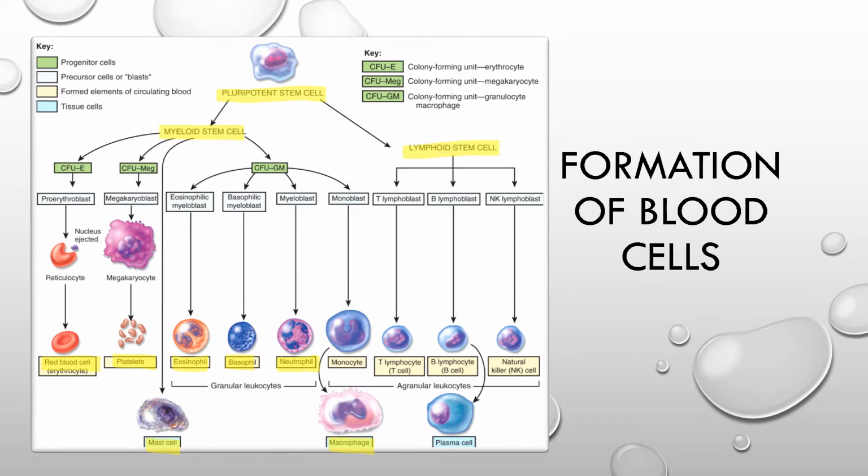Now, lymphoid stem cells, which give rise to lymphocytes, begin their development in red bone marrow, but they complete their development in lymphatic tissues.